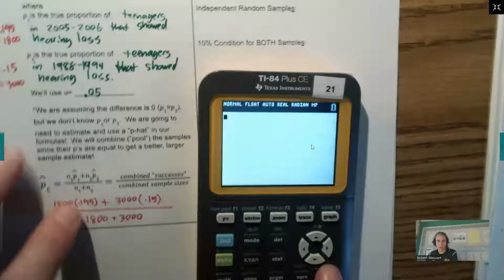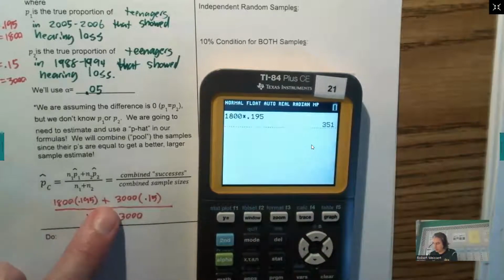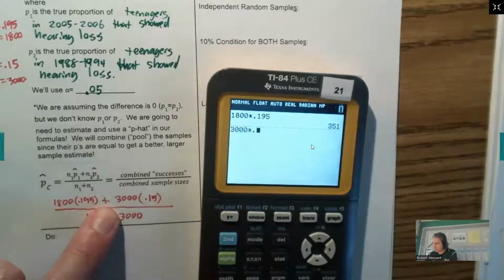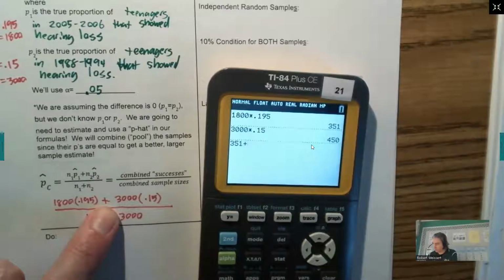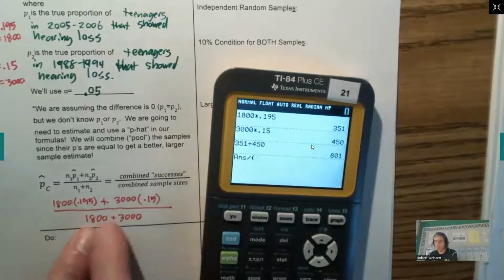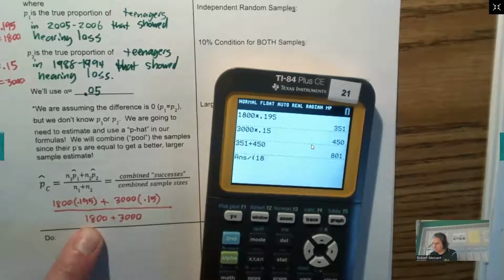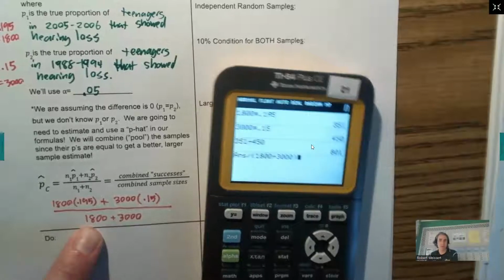You have the combined successes, 1800 times 0.195, which is 351, 3000 times 0.15, 450. So I'm going to do 351 plus 450, and that's going to be divided by the 1800 plus 3000, which would be 4800. But I'm going to just be lazy and put it in parentheses and divide by those.